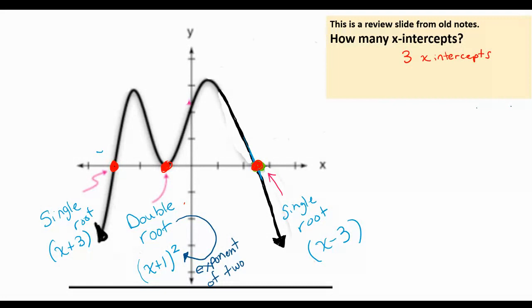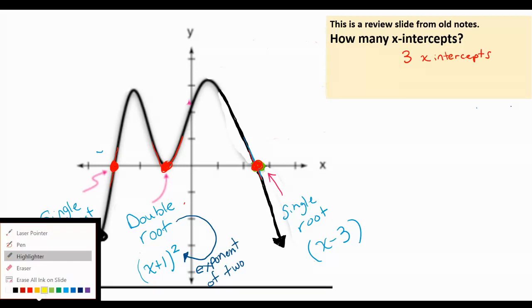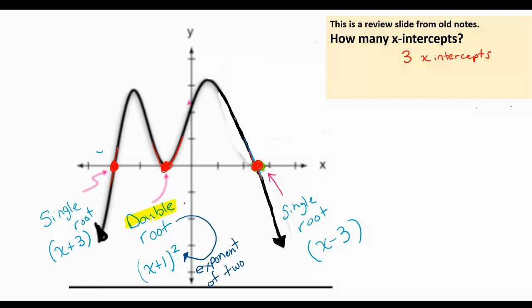Well, if the graph goes through, the black line goes through, those are called single roots. But if the graph comes down, touches, and bounces back up, that's called a double root. And what you need to know for a double root is that it has an exponent of 2.